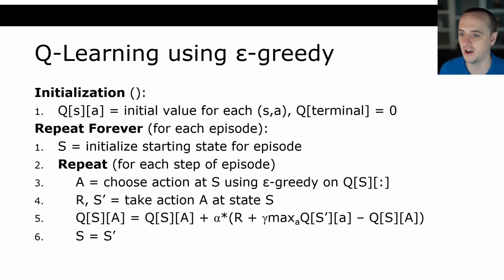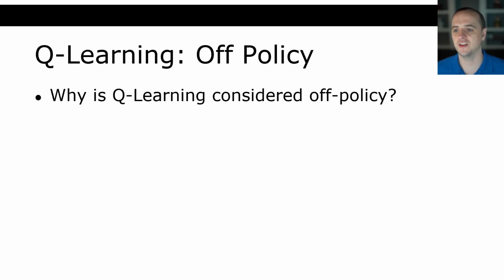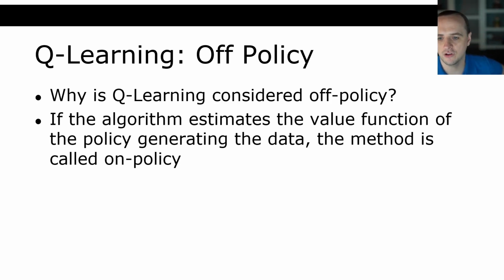That's assignment 5, basically. So, why is this considered off-policy? The reason Q-Learning is off-policy, it may not be obvious at first, is that if the algorithm estimates the value function of the policy which is generating the data, the method is called on-policy.